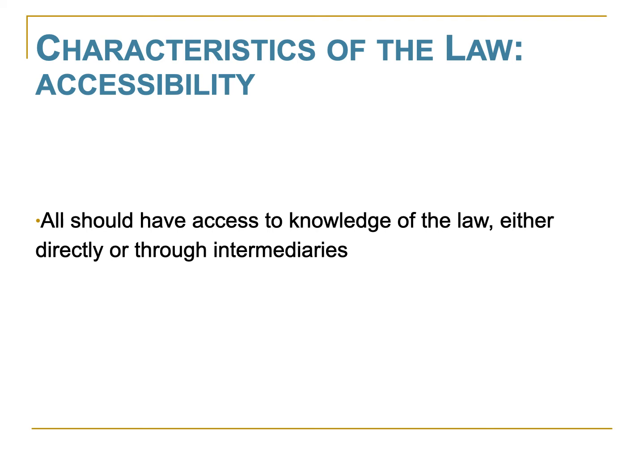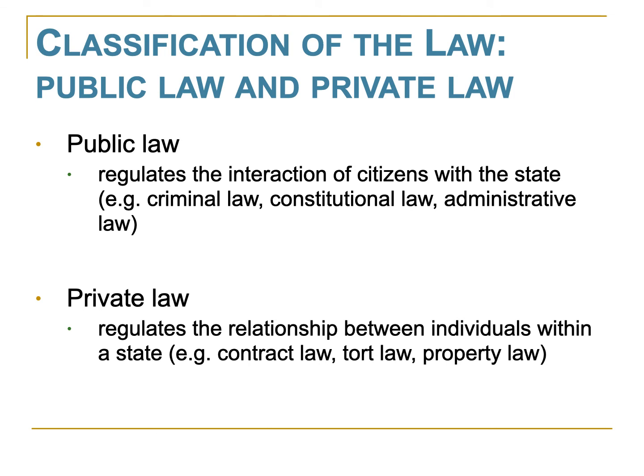Then you have the classification of law, public versus private law. Public law essentially regulates the interaction of the citizens and the state, i.e., criminal, constitutional, and administrative law. There are many ways to classify law, and not one method of categorization is better than the other.